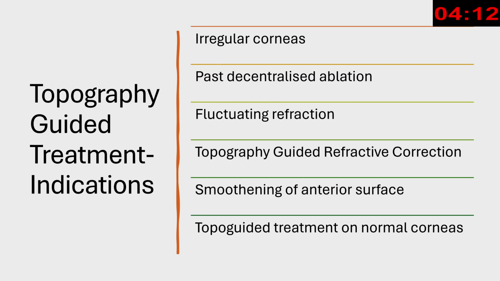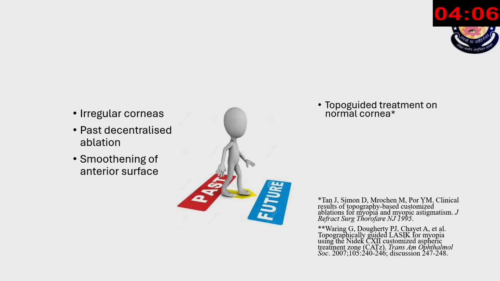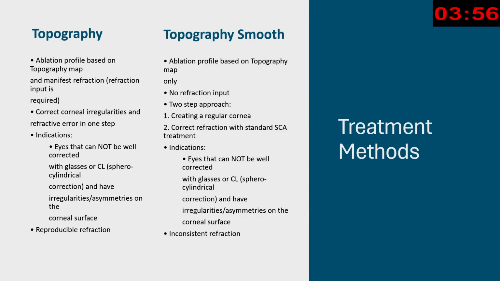It has also been used in virgin and pristine corneas to bring out better visual outcomes. Because of these good results, topo-guided PRK is gaining popularity even for normal corneas and is being chosen as one of the first-line treatments for many cases.